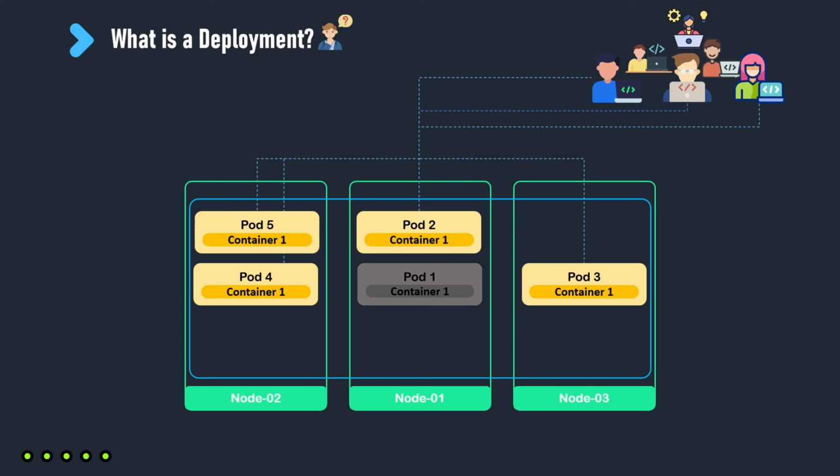If the new version introduces some problems, the deployment will allow you to roll back to the previous version instantly. The default deployment strategy is the rolling update strategy. It is also known as the ramped or the incremental strategy.